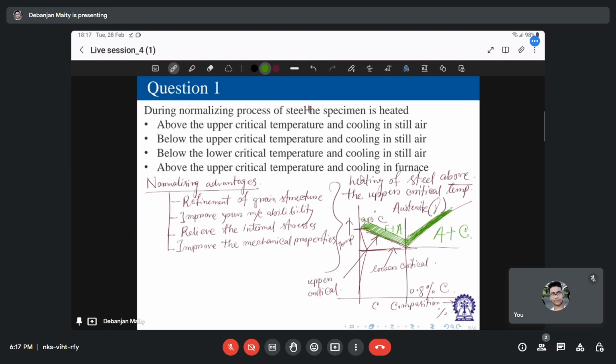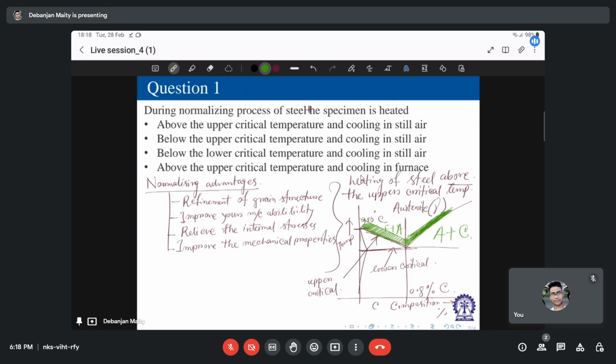You can then achieve homogenization of the austenite. Hypoeutectoid steels are heated to 30 to 40 degrees C above the critical temperature and held for, say, 20 to 40 minutes depending on the chemical composition.